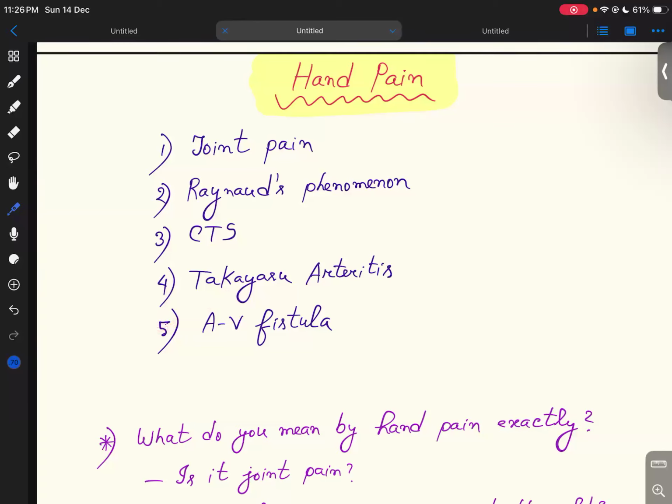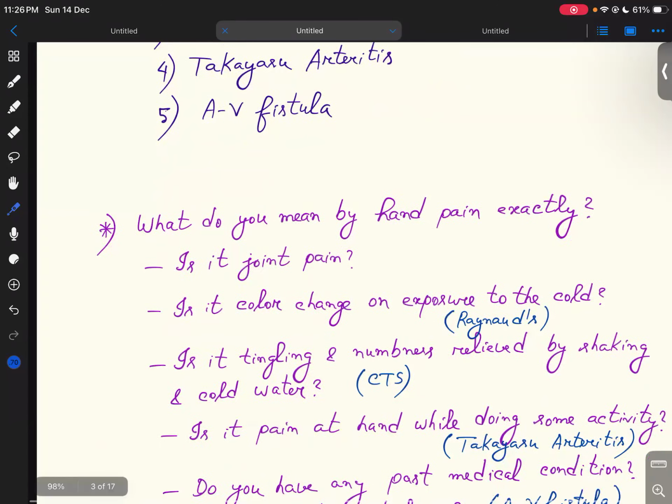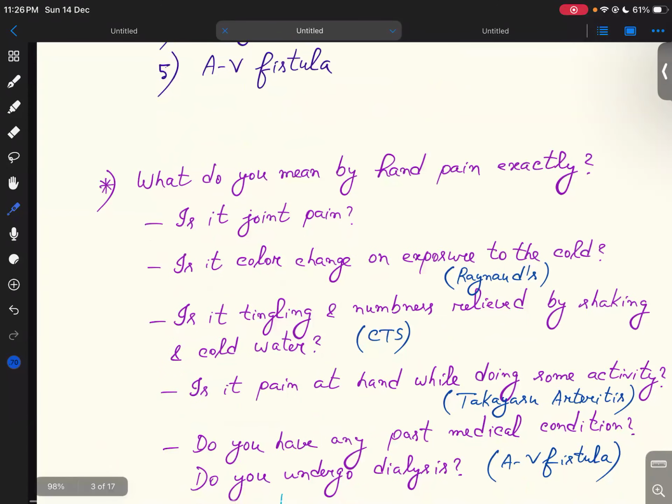So you'll be given a prompt like that. This 40 years old male or female has come with hand pain. Please talk to her, examine her, and seek her consent. So how to approach the hand pain? The first question will be, what do you mean by hand pain exactly? Is it joint pain? Or is it color change on exposure to the cold, that is Raynaud's phenomenon?